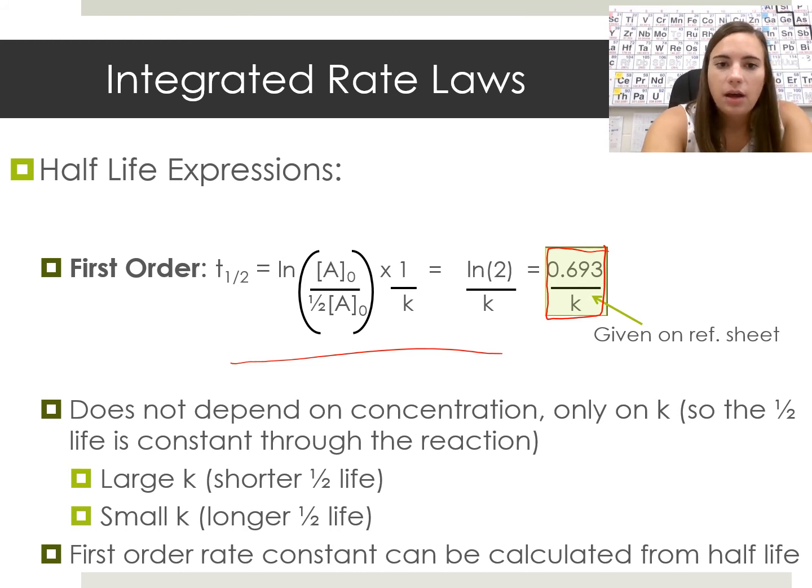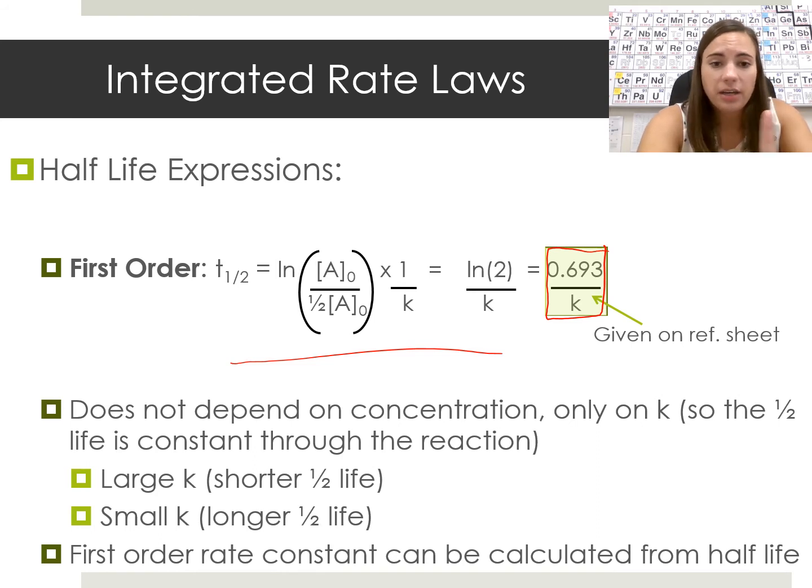So the half-life is equal to the natural log of the initial concentration over half the concentration times 1 over K. Simplify that. Well, anything divided by half of itself is going to be 2, so we get the natural log of 2 over K, and that's simplified to 0.693 over K. That's what's given on your reference sheet. So what does this tell me?